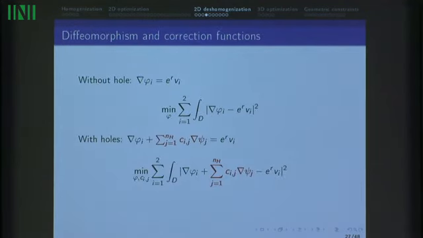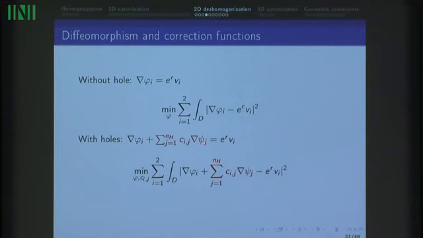And so numerically, it's just a new minimization problem. So when I have no hole, I can minimize this kind of problem. And when I have holes, I can do the same equation, but with the correction function.